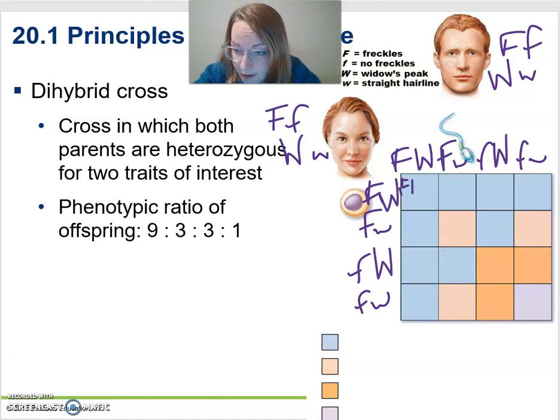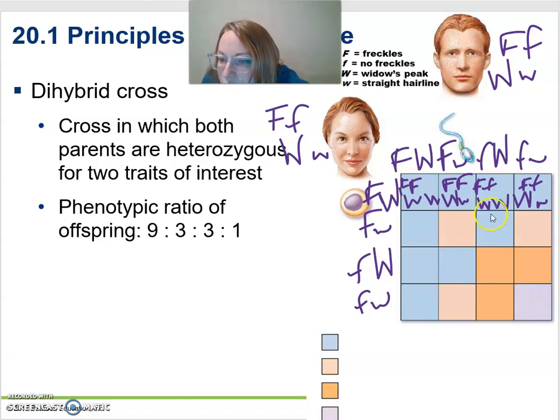F, F, W, W, F, F, W, W, F, F, W, W, F, F, W, W. So if we look at this whole row, there's a big F in each, so they all have freckles, and there is a big W in each, so they all have a widow's peak, right? Okay, now let's keep going.